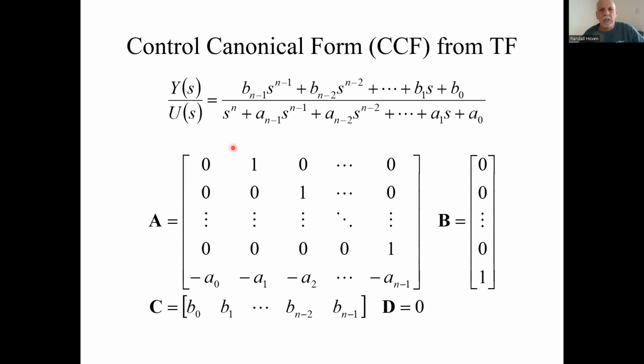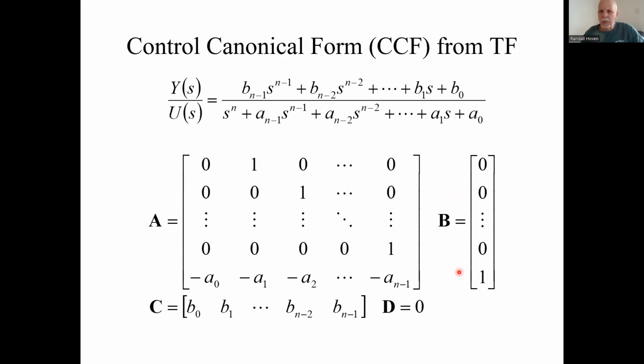So let's say this is your transfer function. It's pretty general, I think. This would be unique. The A's and B's here would be unique. How to translate that into state space is not unique. Here is one way, which is called the control canonical form.